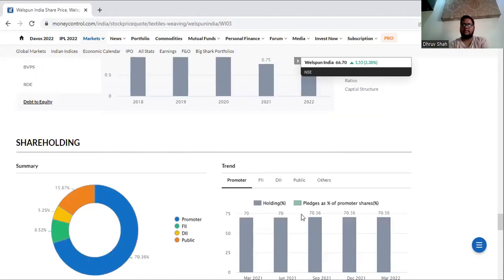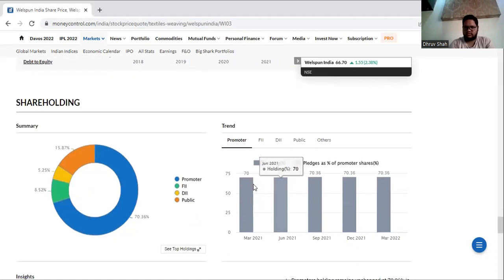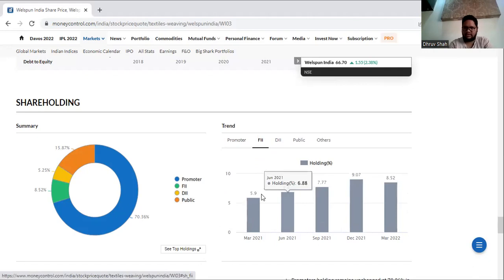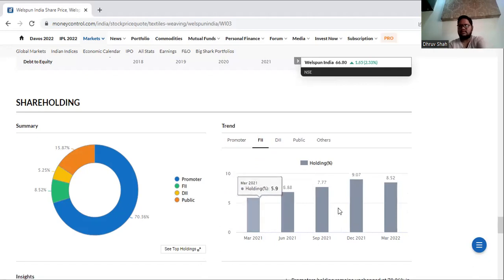Going further, what happens with the shareholding? So promoter 70%, 70%, increase in shareholding by 0.36, and then stable. This shows promoters are not selling a single share in the market at this price or at any given price. They are not willing to sell. Let's move to FIIs. What are FIIs doing? FIIs 5.9%. This is quarterly.